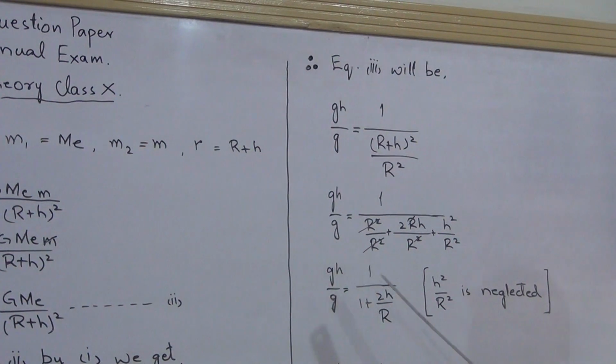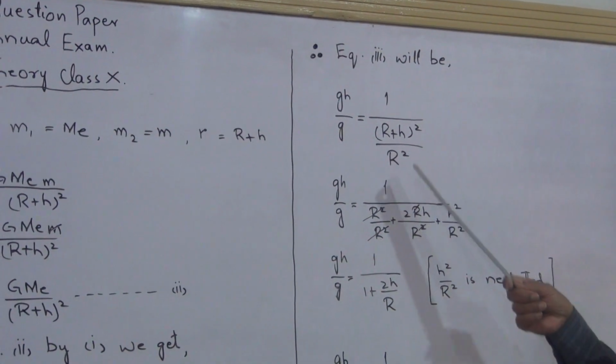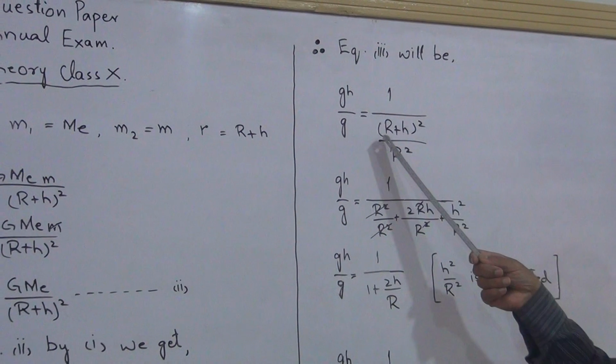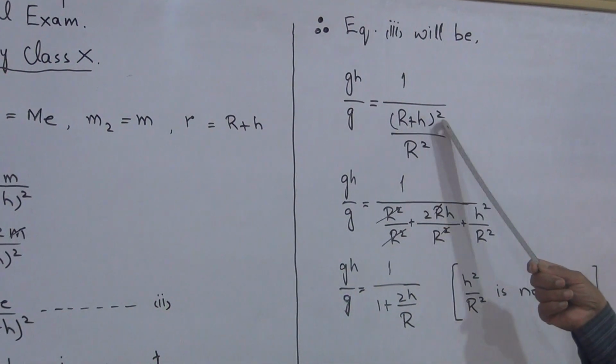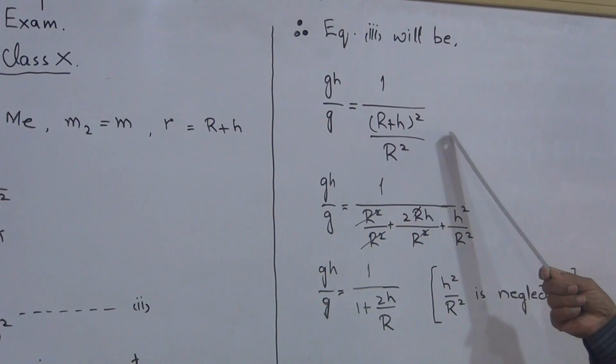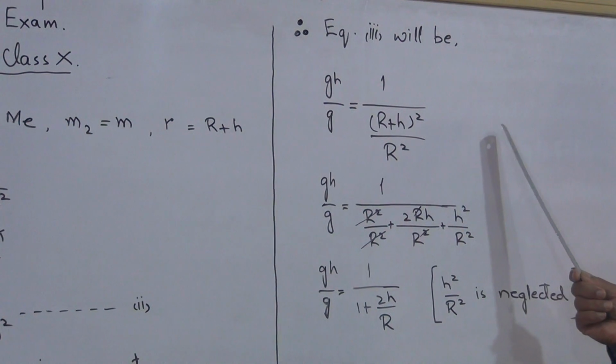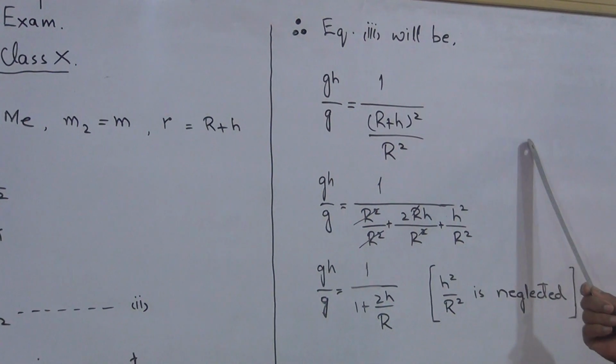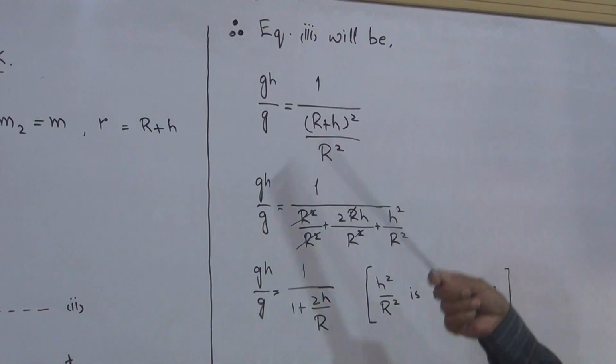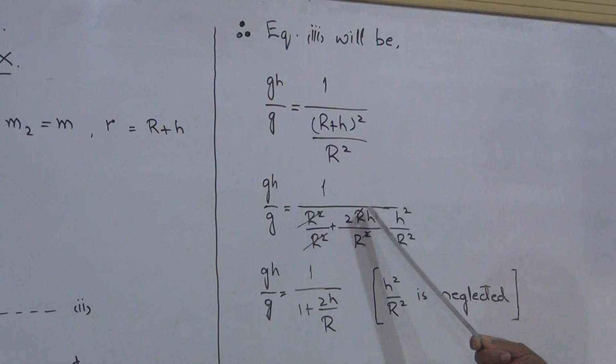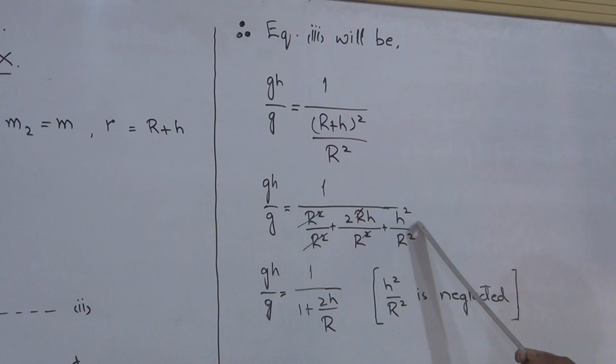Now g h upon g is equal to 1 upon (R plus h) square divided by R square. Opening (R plus h) square, that is (a plus b) whole square, which is equal to a square plus 2ab plus b square, likewise R square plus 2Rh plus h square.